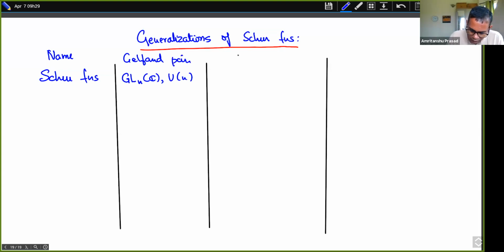For the Schur functions, we've seen that the inner product of p lambda and p mu is something times delta lambda mu. So what is that something?